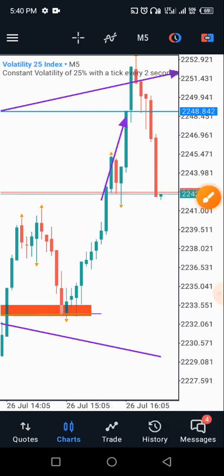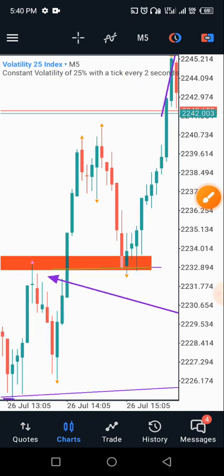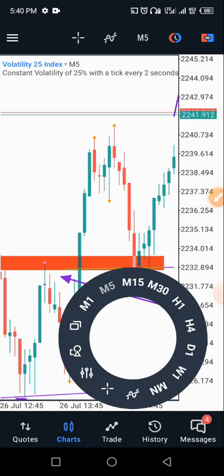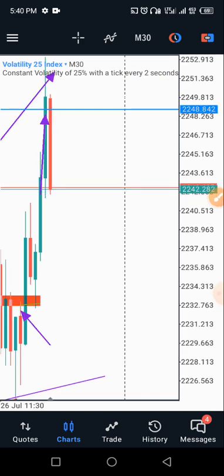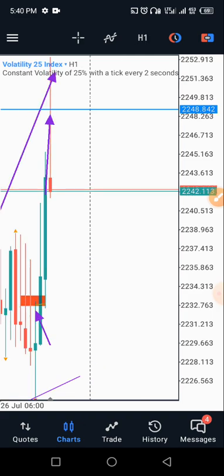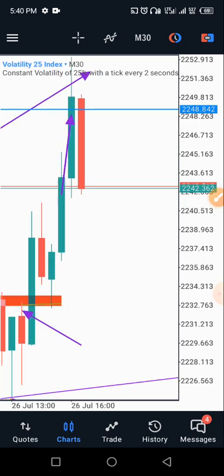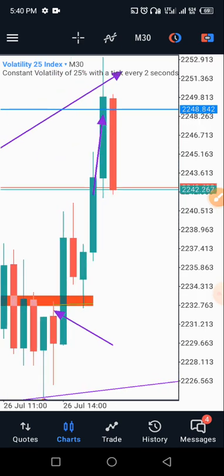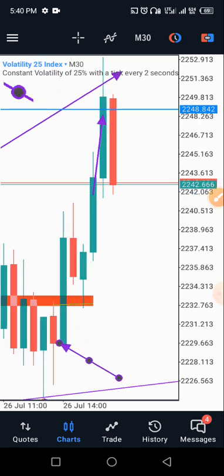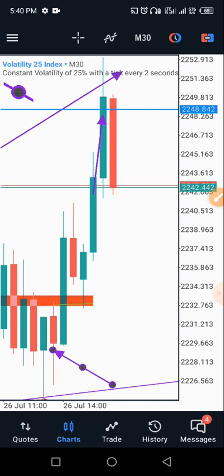So as an additional confirmation, you can still go back to maybe the 30 minutes time frame or the 1 hour time frame, but it's best we stick to the 30 minutes time frame to be able to identify an order block. So remember our order block is this particular red candle here.